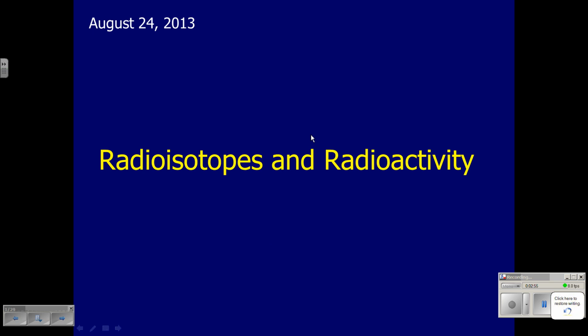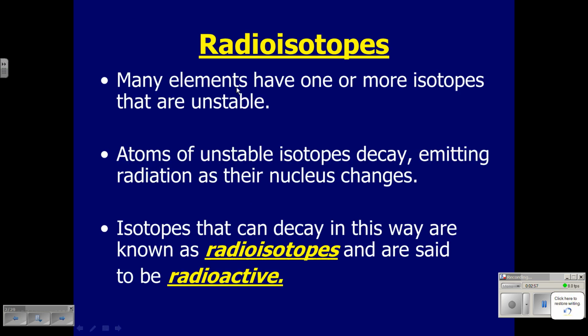So let's jump ahead here and put some definitions down. Again, I'm going to go quickly so you can go back and write the notes from the PowerPoint presentation. We already know that many elements have 1 or more isotopes, but in this case, what we're saying is some of these isotopes are unstable.